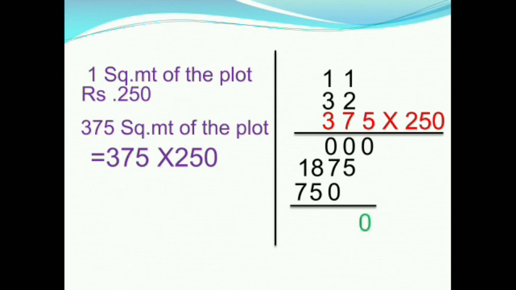Next we have 0 and 5. What is 0 plus 5? Yes, 0 plus 5 is equal to 5. Next we should add 0, 7, 0. 0 plus 7 plus 0 is equal to 7. Now we should add 8 and 5.